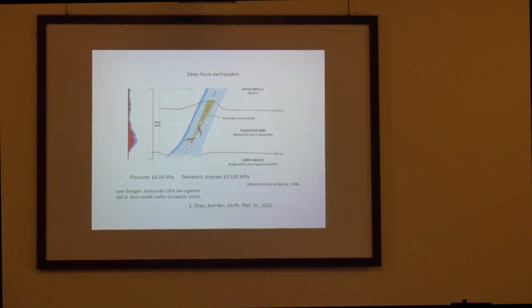In this zone, the geological material is metastable olivine, and it undergoes a phase transformation that involves a large change in density, about 5 to 10%, because under the high pressures it can go to another crystal structure where the atoms are closer to each other and transforms to other minerals.